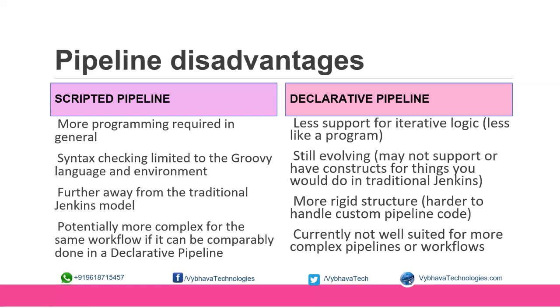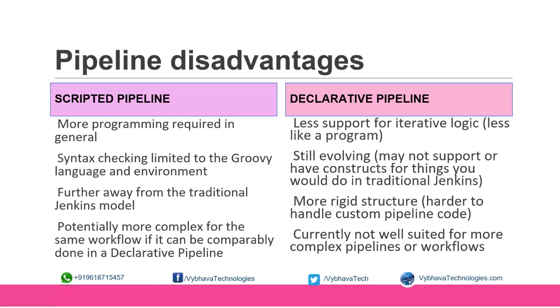It is going away from the traditional way and becoming a more programmatic structure flow. Whereas the declarative is a rigid structure, harder for handling custom pipelines, with wide limitations, and we can go with small pieces and make one step, and it will go to the next step.